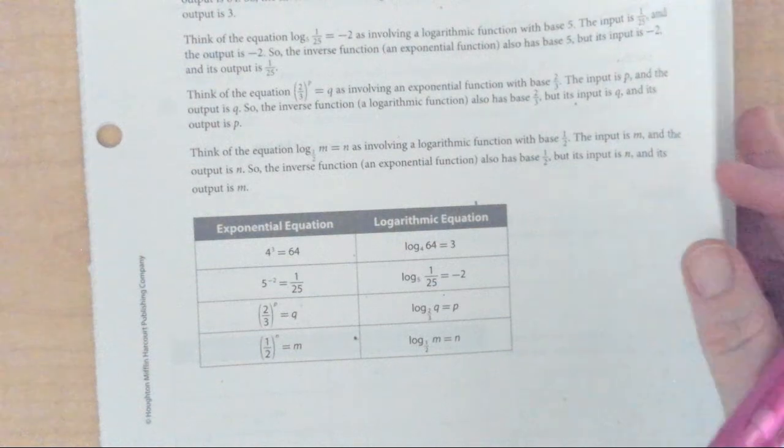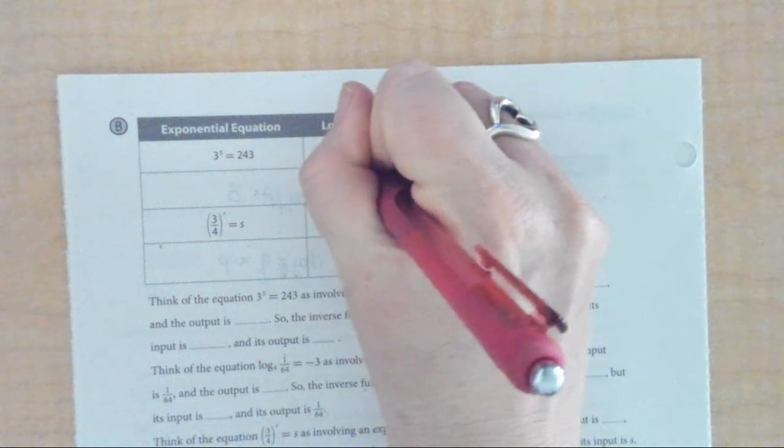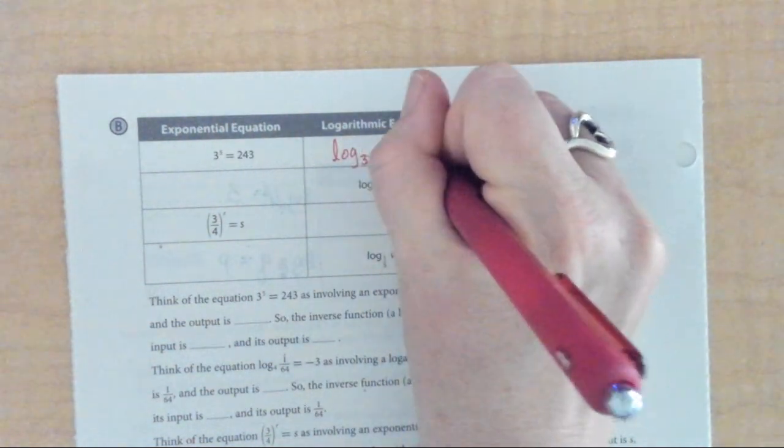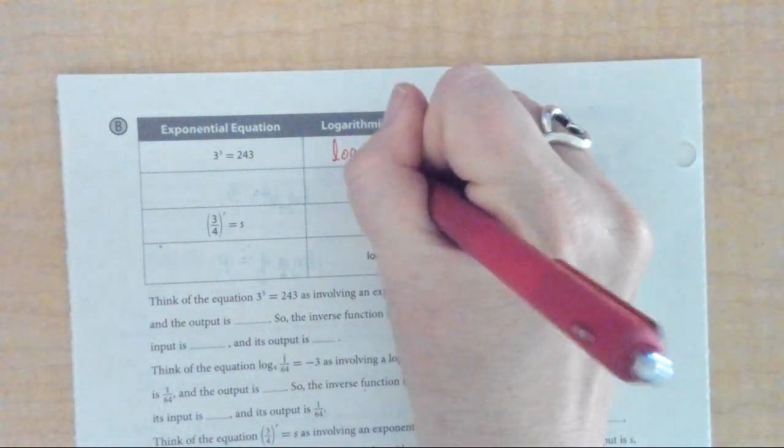So turn to page 824, the very next page. We're going to go through a few examples here. So number 1, you're going to do log. Base stays the base, so 3. Isolate the exponent. So I've got 243.